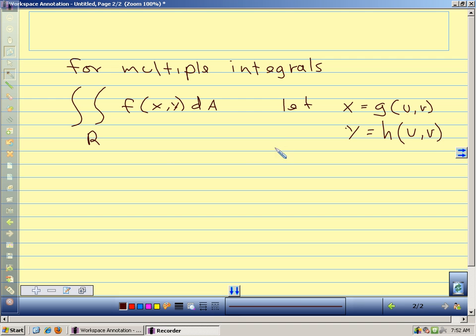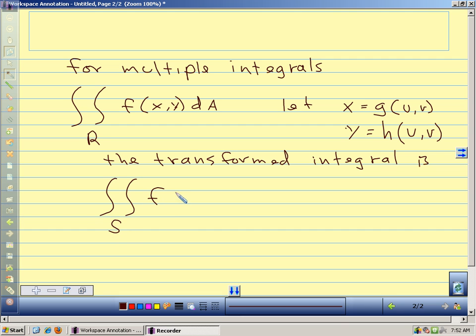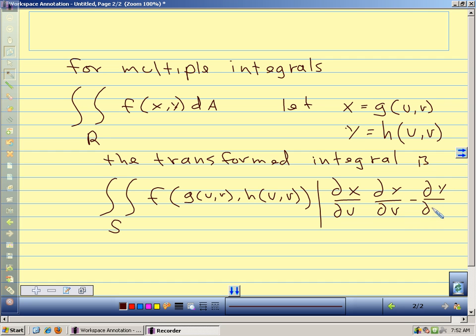The transformed integral is the integral over S of f of our new variables, g of u and v, and h of u and v, times this quantity: dx/du dy/dv minus dy/du dx/dv, partial derivatives.